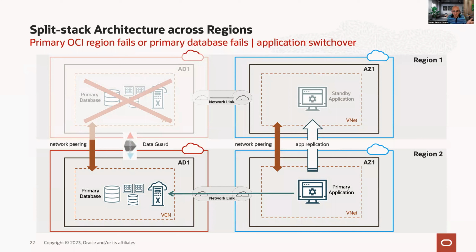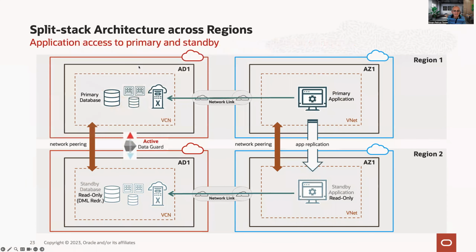Here again, if the primary database becomes available again, you can decide to switch back to region 1, both application and database, or keep running in region 2. Next, please.